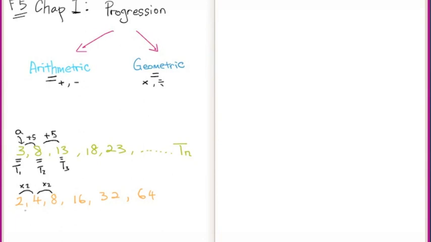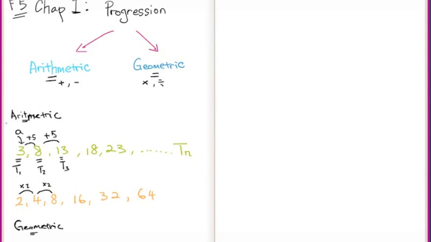Therefore, this series would be a geometric progression, whereas the top one is arithmetic. Arithmetic is plus, geometric would be times. There are also series with divide.